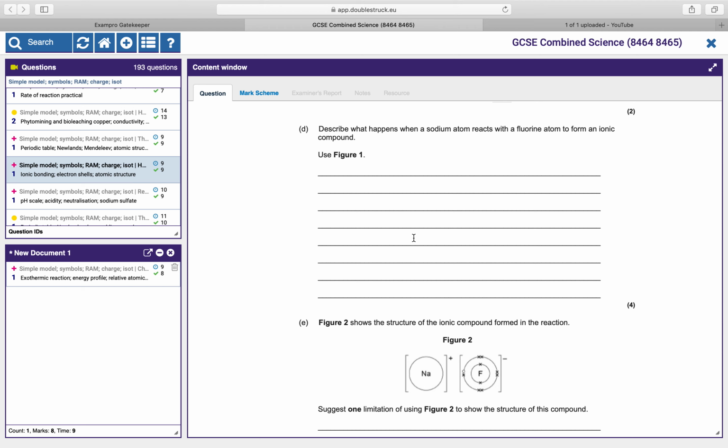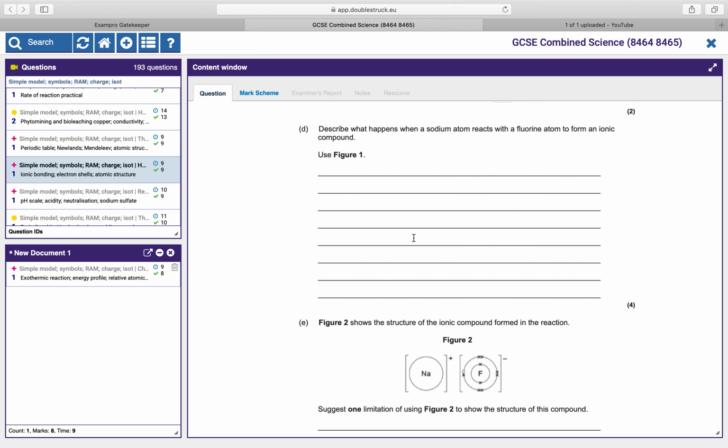So you would say one electron in a sodium atom is transferred to the fluorine atom.